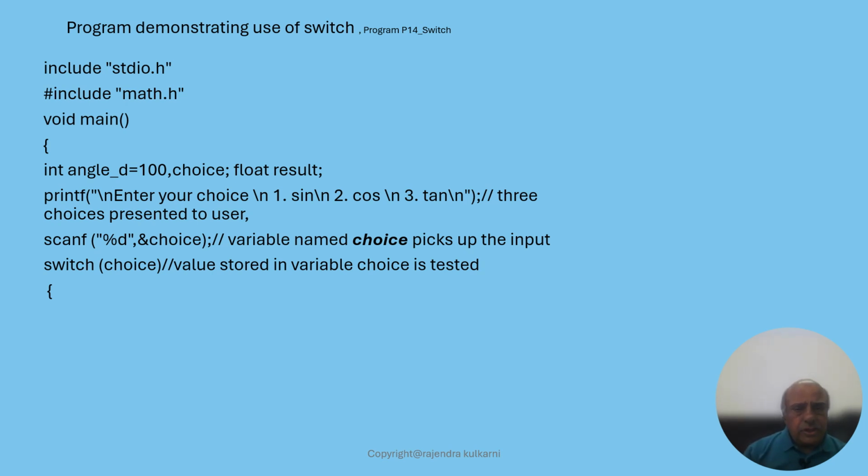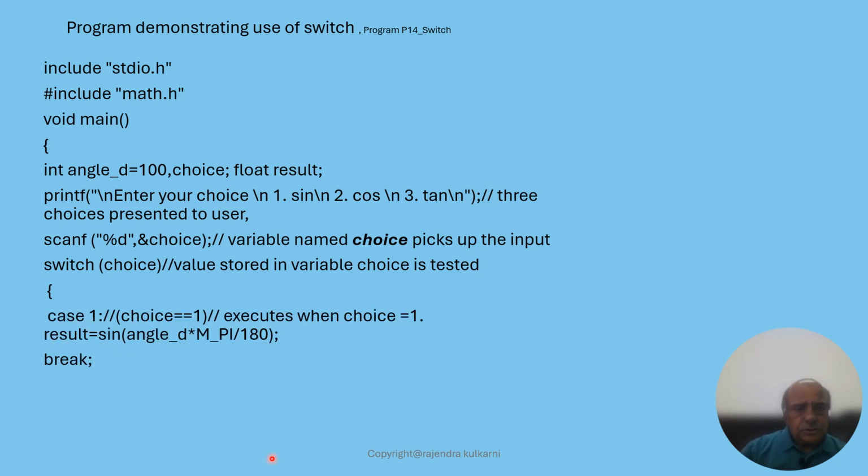Now what we are doing is switch choice. After switch, in the brackets, the name of the variable, then opening brace for switch, then case 1: result is equal to sine of angle_d converted to radians, and a break statement.